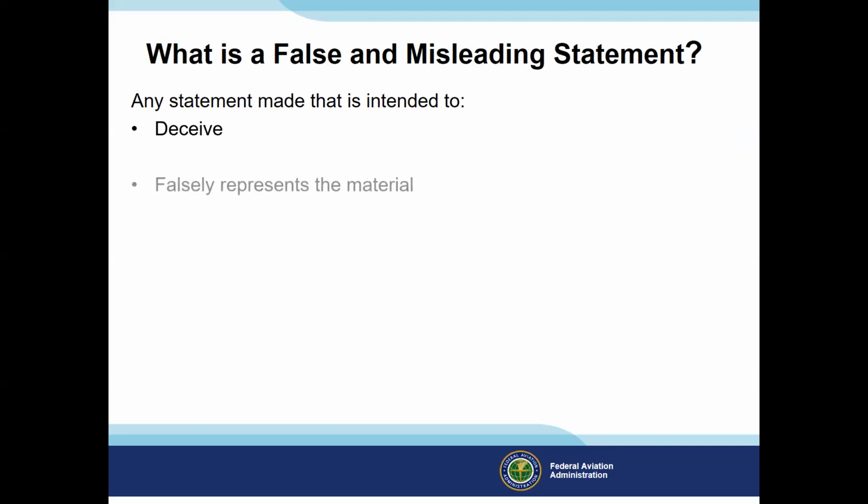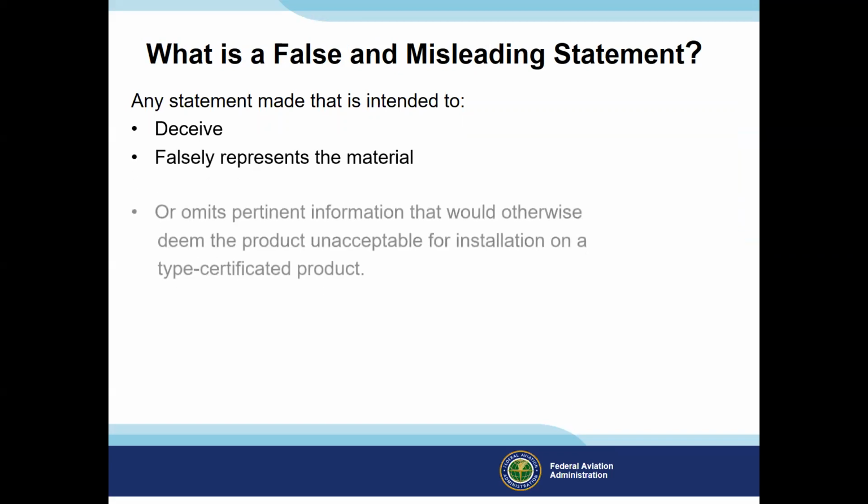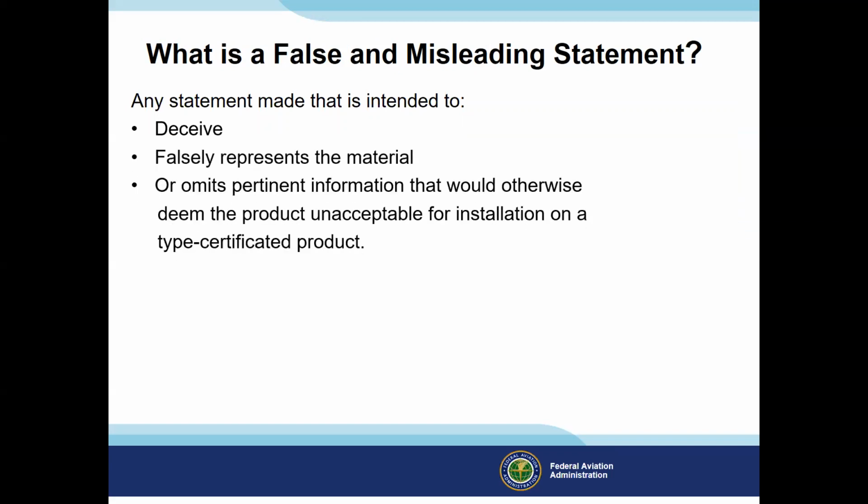This is the definition by the FAA of a false and misleading statement. So if you intended to deceive, falsely represent the material as other than what it actually is, or omit pertinent information that would otherwise deem the product unacceptable for installation on a type certificated product, you have possibly made a false and misleading statement.